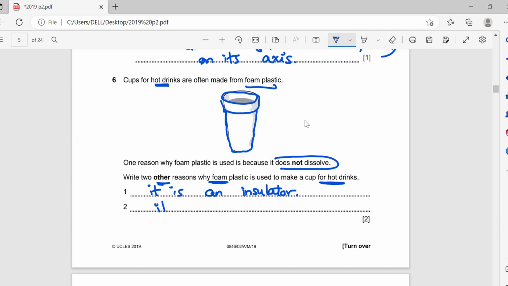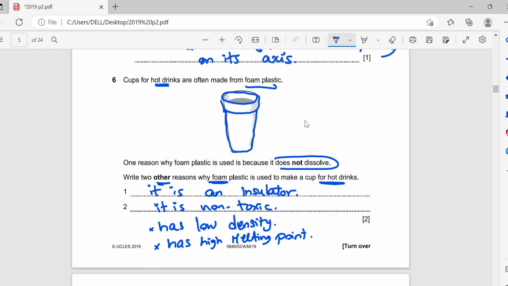It is non-toxic. So it is safe to use. If someone else writes, for example, it has low density or it's lightweight. Also, you can say it has high melting point.